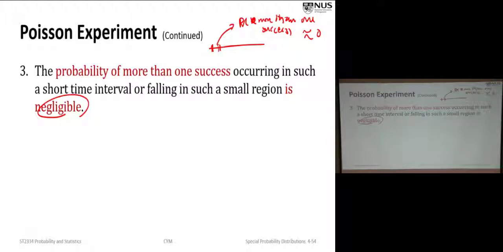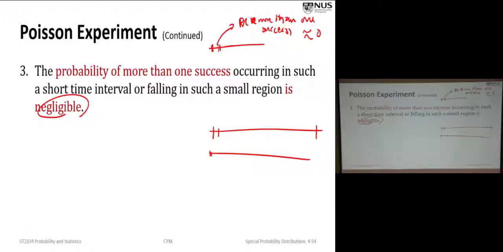Yes. Of course, if your interval is huge, then there may be more than one occurrence. But if I make it very small, and if it's not small enough, I make it even smaller, so that the chance of occurrence in that particular subinterval is either 0 or 1, and the chance of having 2 or more occurrences is almost 0.